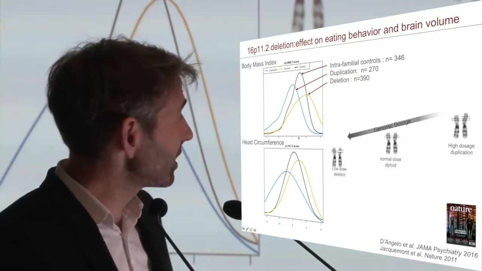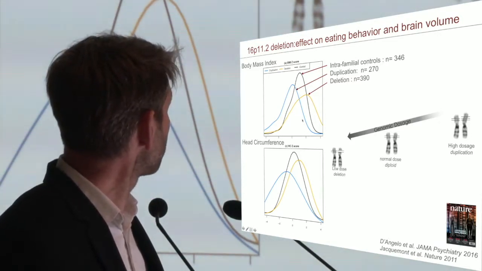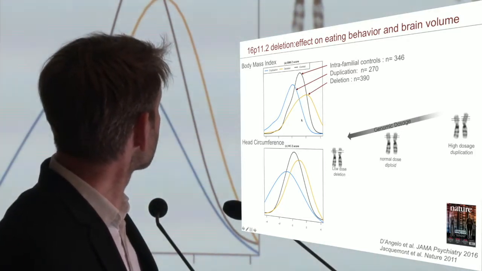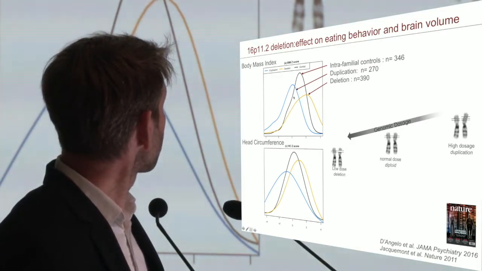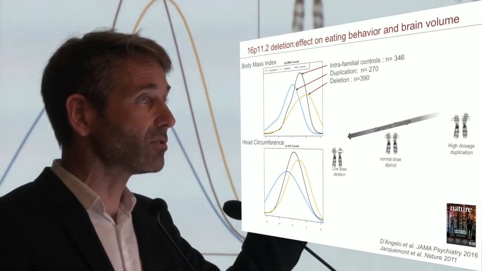What you can see here, this is old work already from 2011, but if you take very simple traits that you can measure, such as BMI or brain volume, if you look at the intrafamilial controls and you look at deletions or duplications, you really have this sort of quantitative gene dosage effect.